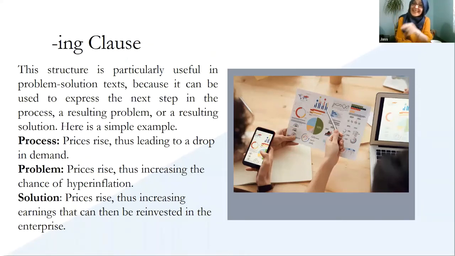Prices rise, thus increasing the chance of hyperinflation. Here, again, we've used the ing clause, and then we've added on a problem. So we have formed a problem sentence. And lastly, solution. Prices rise, thus increasing earnings that can then be reinvested in the enterprise.